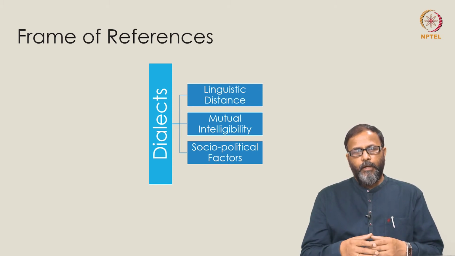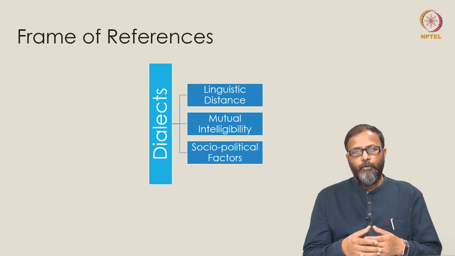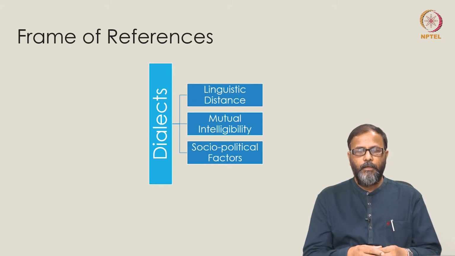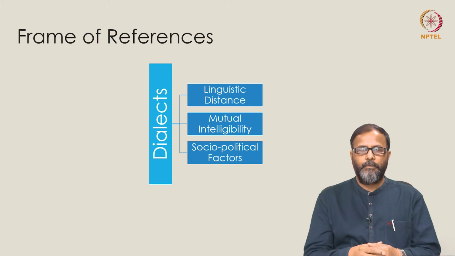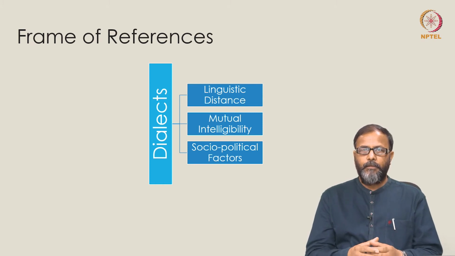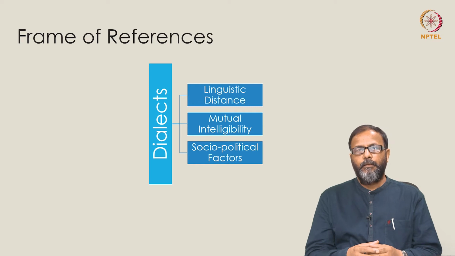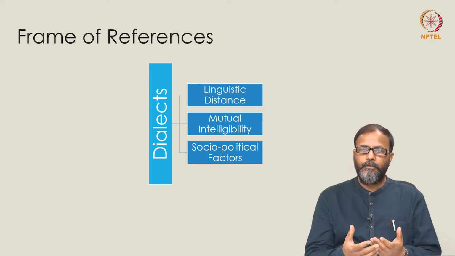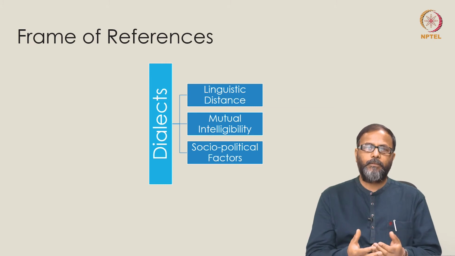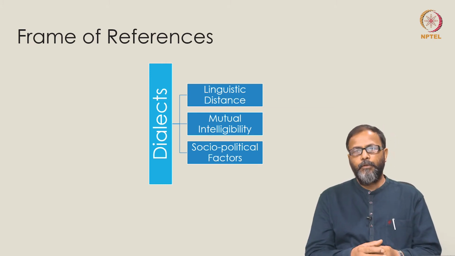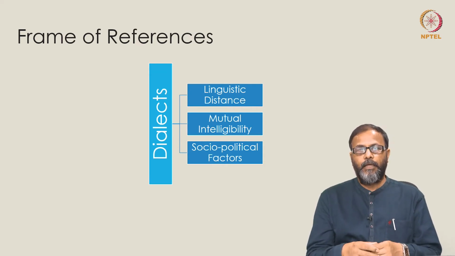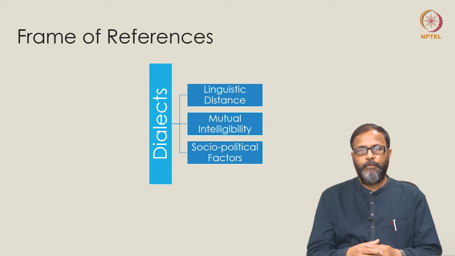So depending on what frame of reference you are looking at, we determine whether X and Y are dialects of a particular language or not. This is the dichotomy, and this is the broad understanding of the difference between language and dialect. But as students of language science, linguistics, we find no difference between a language and a dialect, except for certain external factors which attribute such classification.